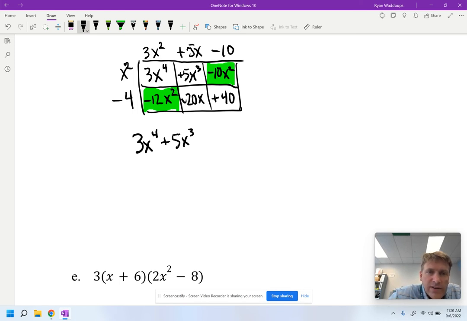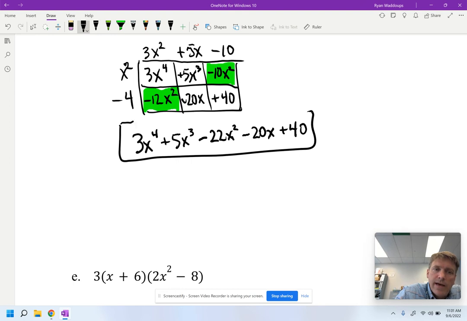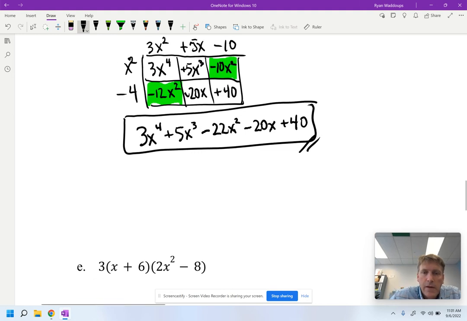Negative 10x squared and negative 12x squared, since they're both negative, we add them, negative 22x squared. Then we have minus 20x and plus 40. And that's it. You can't combine those any further.